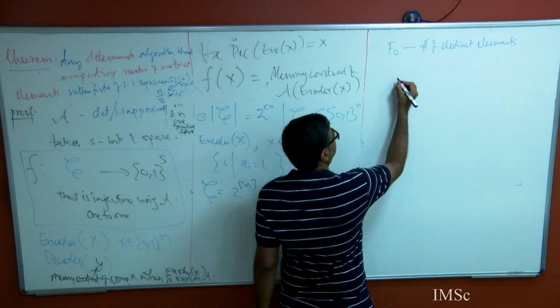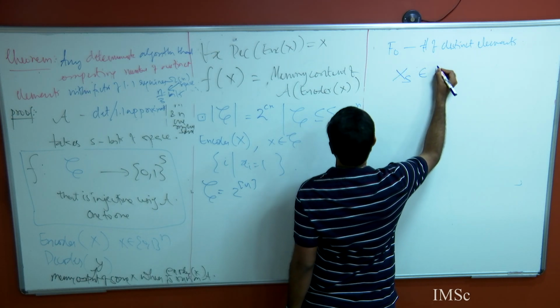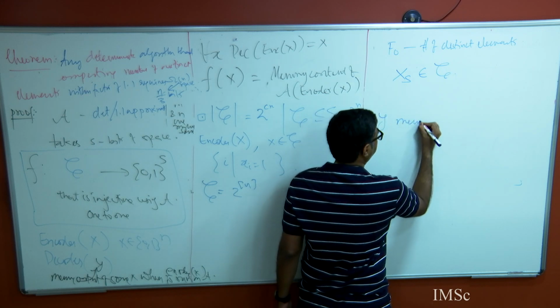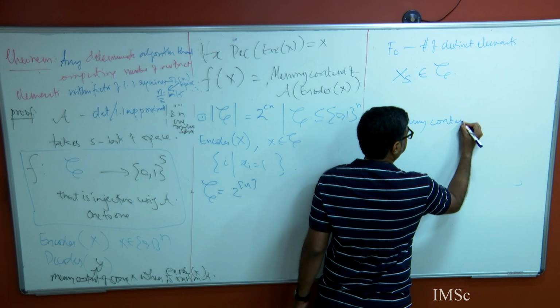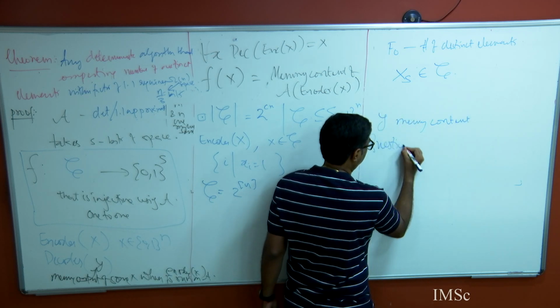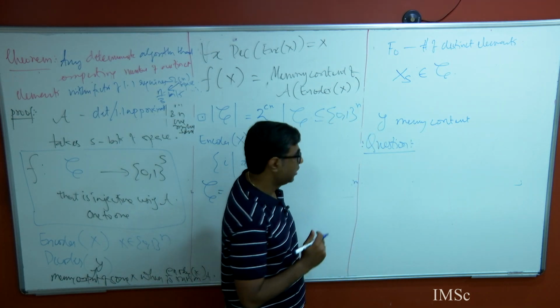I know this C. So suppose I have some element of C, and here is a y which is a memory content, and I have a question. What is my question?